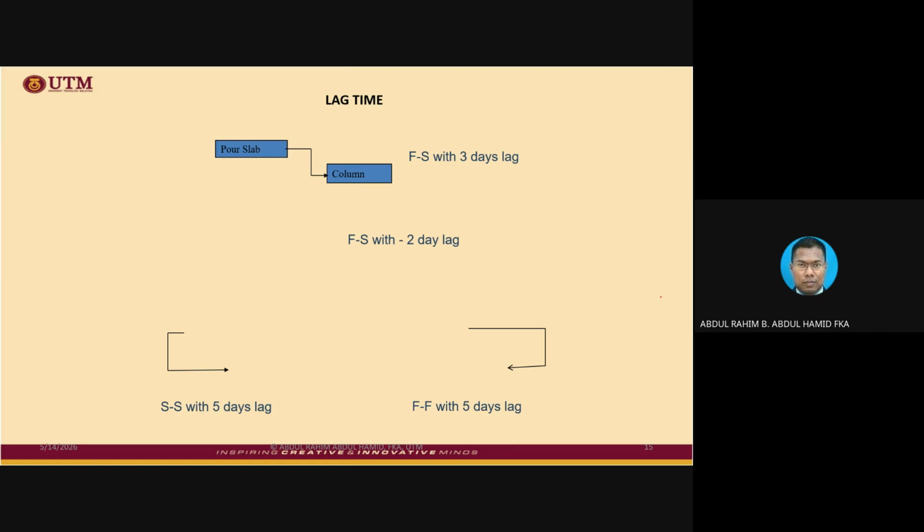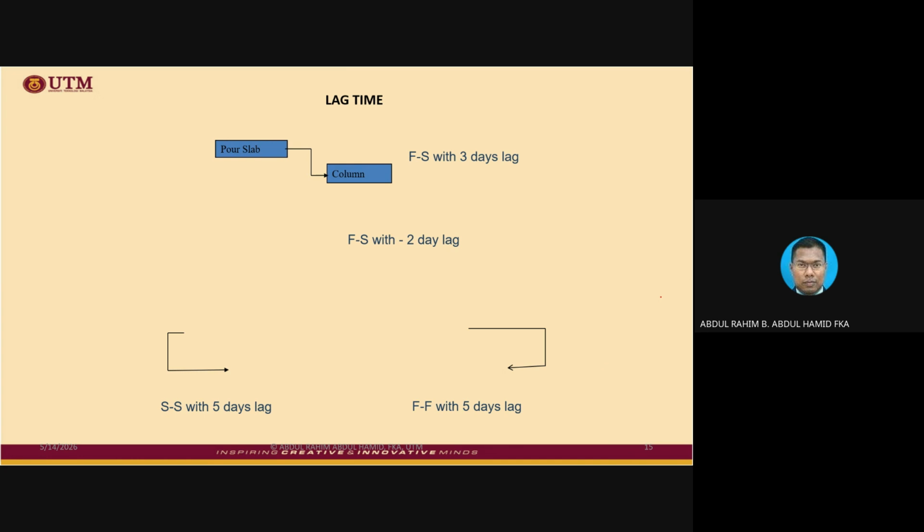After you complete the first floor slab, for instance, you want to construct the second floor slab, but you need to come up with the column, isn't it? And the column cannot be erected immediately when the slab is basically wet. So you need to wait, a waiting period, or we call it curing, for a few days.